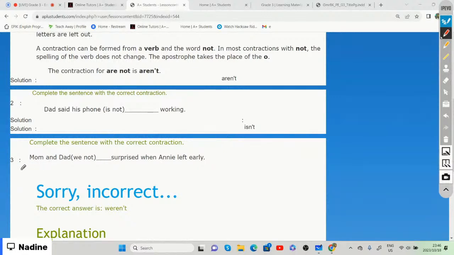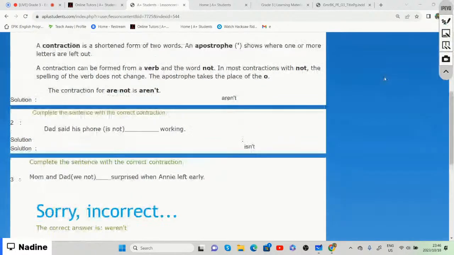Yes, so if we write Dad said his phone is not working, we can say isn't. Instead of writing the O, we remove the O, we put the apostrophe and we put the T, so isn't. Yes, well done, isn't is correct.